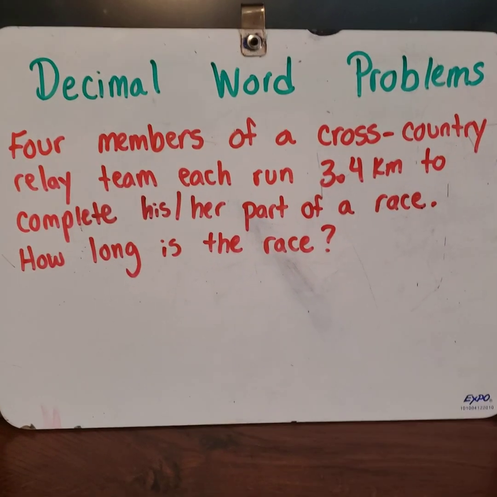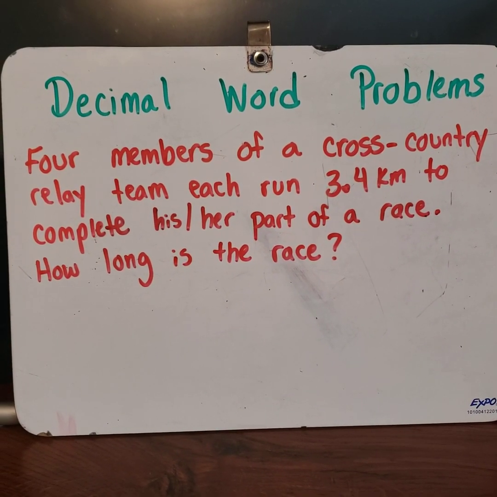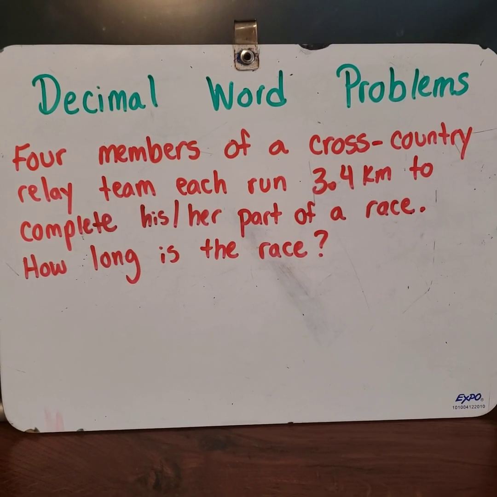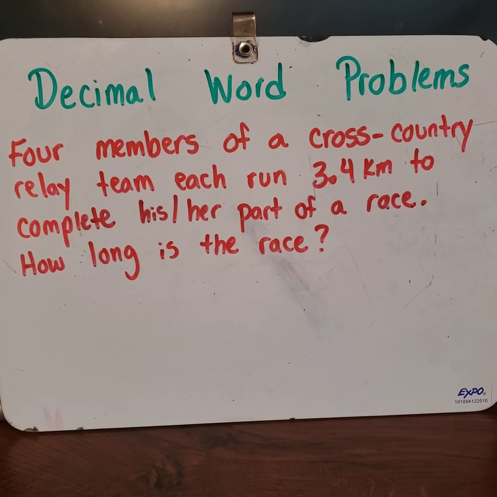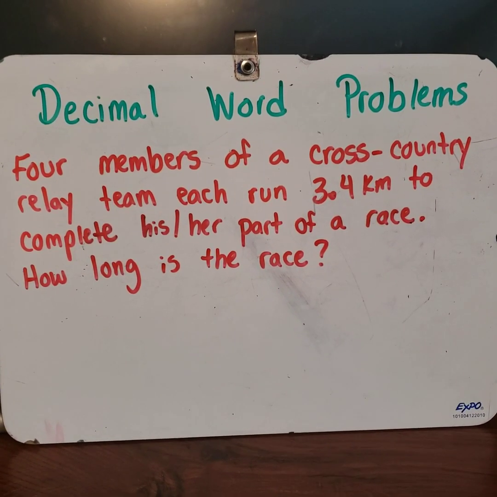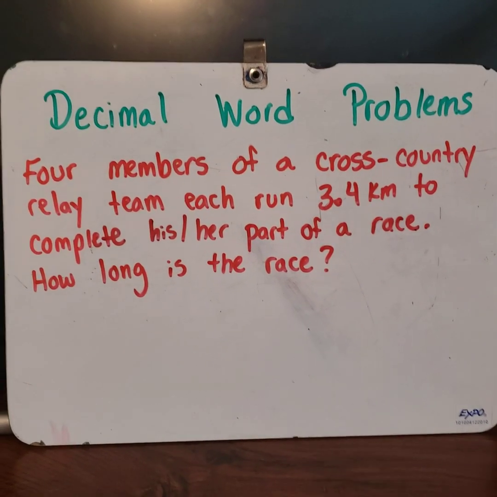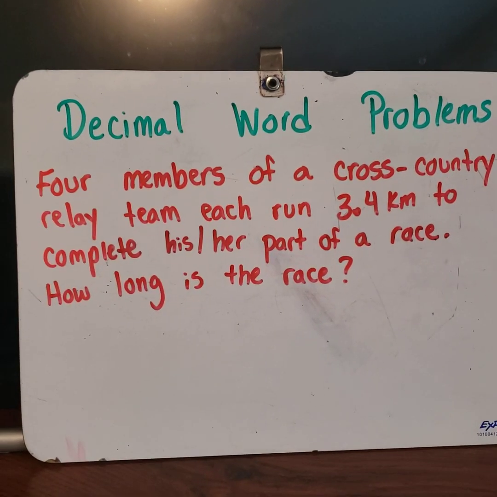Okay, here's our next word problem. It says 4 members of a cross-country relay team each run 3.4 kilometers to complete his or her part of a race. How long is the race? So I know if I put myself in this position, I'm on this team, there's 4 of us on this team.